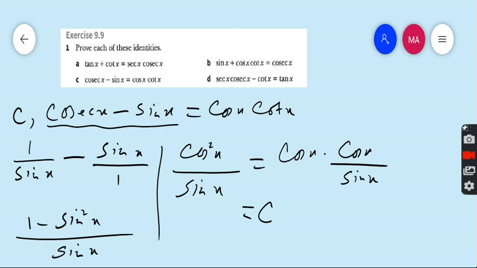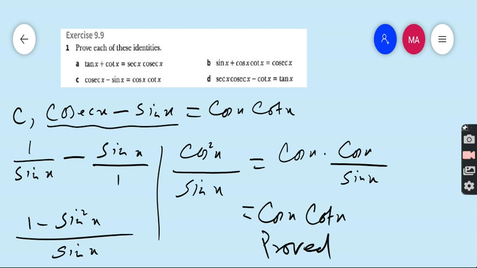So cos x and cos upon sin is what? Cot x, and we achieve right hand side. So it is proved that left hand side is equal to right hand side.